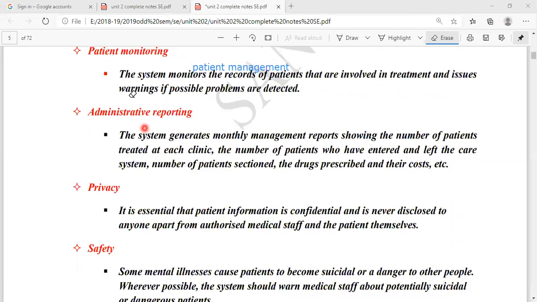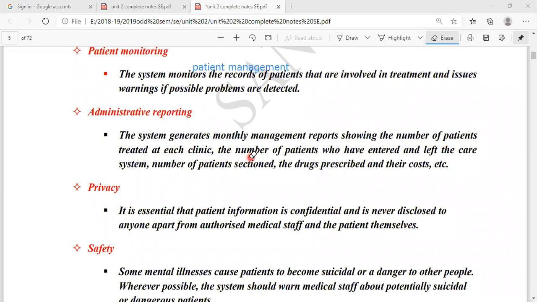So the next component will be administrative reporting. Administrative is nothing but coming to the main working area behind the scenes. See, a report showing the number of patients treated at each clinic, the number of patients who have entered and left the care system. Care system is nothing but ICU.